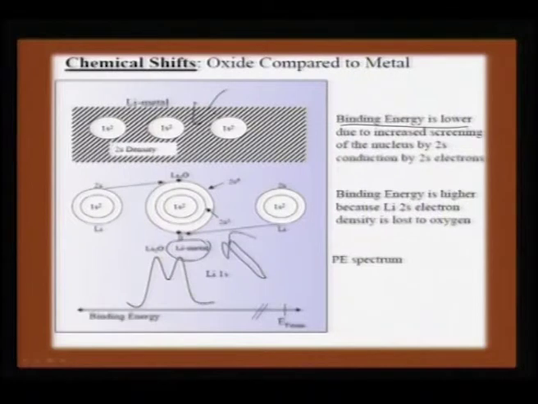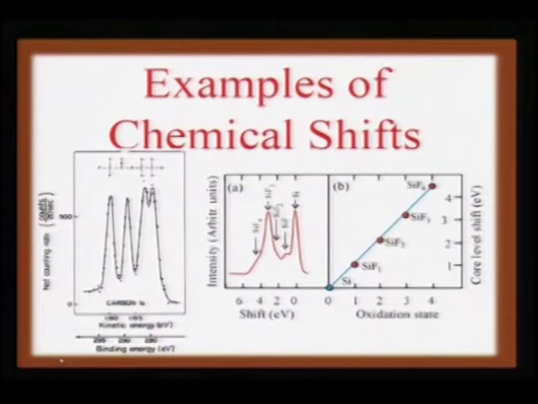If you have lithium oxide and lithium metal together, then you see 2 peaks coming, one corresponding to lithium metal, and the higher binding energy peak is actually corresponding to lithium oxide, and that is because the lithium 2s electron has been given to oxygen in the bonding, and therefore the binding energy is much stronger for lithium oxide. So, you would get a 2 peak spectra which clearly tells what is the center and what is the coordination site that is involved in these compounds. So, examples of other chemical shifts we can see here.